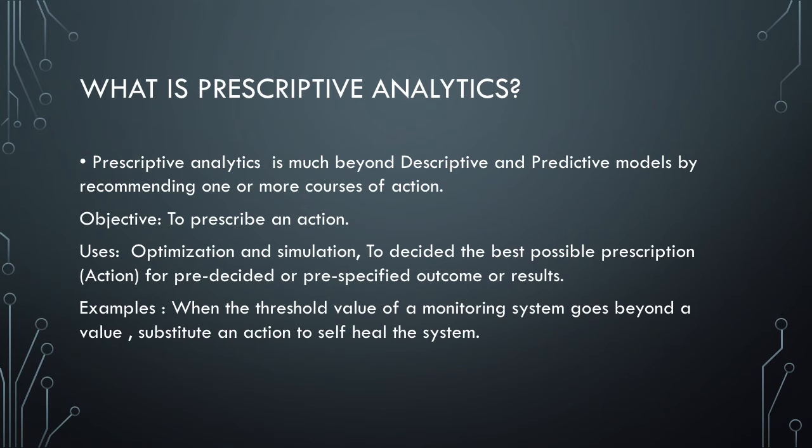Let's say you have decided in your solution that when I reach a specific threshold in my monitoring system, I take a specific action. For example, when the number of connections is reaching the threshold of 85% of my connection pool, it could be database or web, whatever it could be, I send an email alert to the administrator.